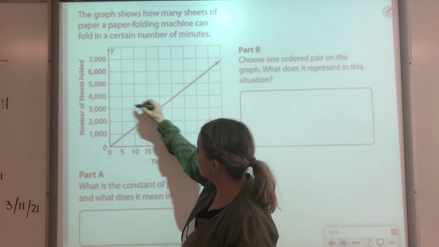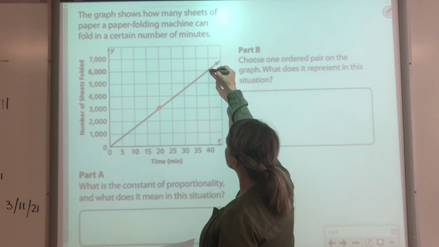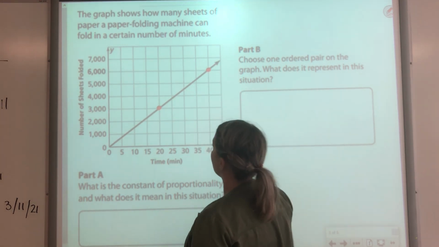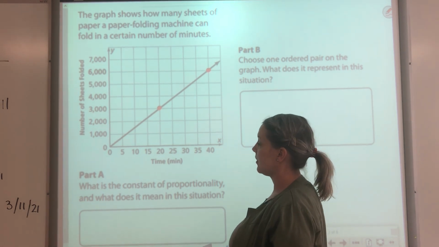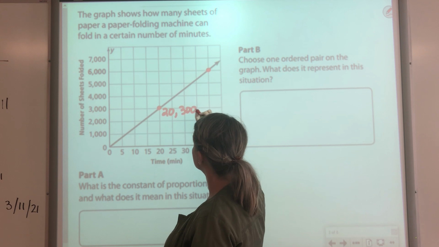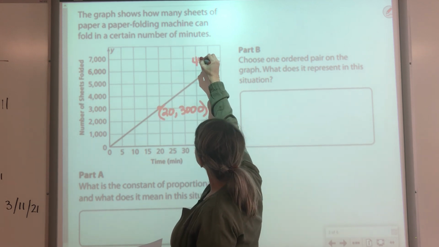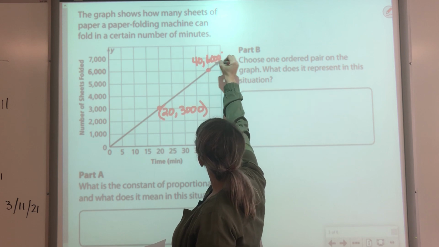So 3,000 meets at a corner. And then also 6,000 meets at a corner. So that means my ordered pair is 20, 3,000. And then another ordered pair here is 40, 6,000.